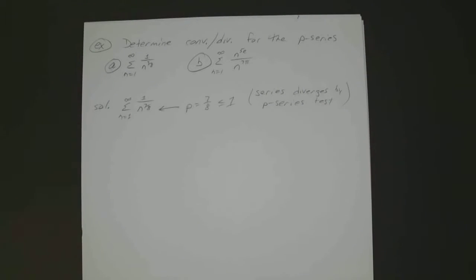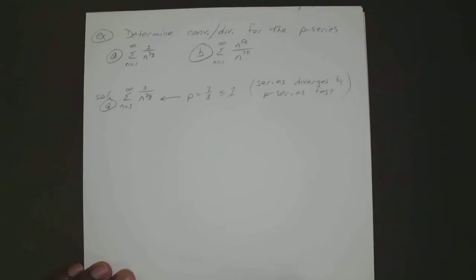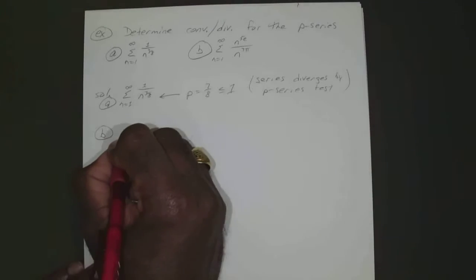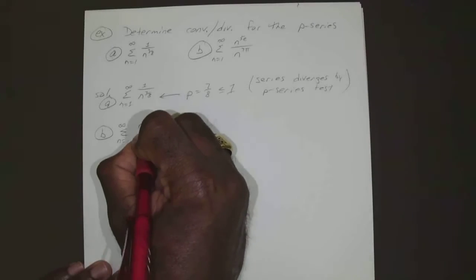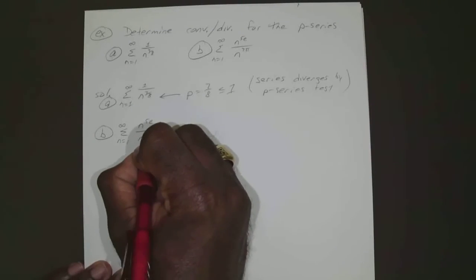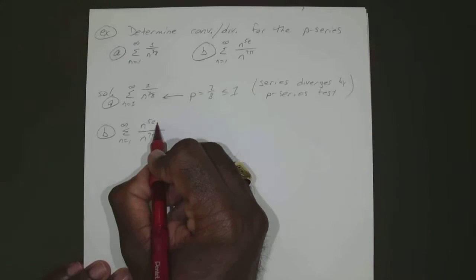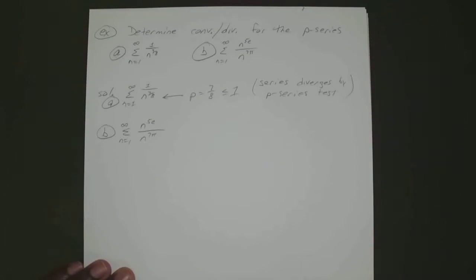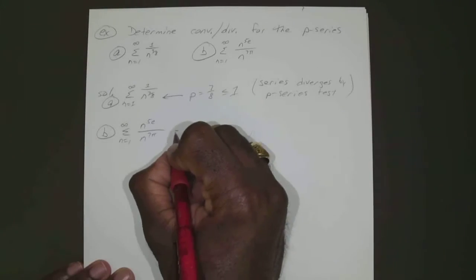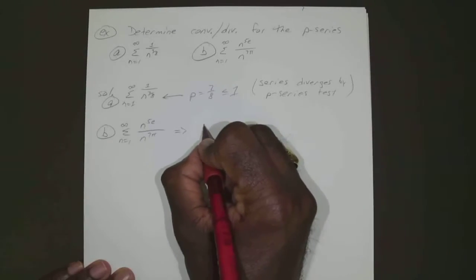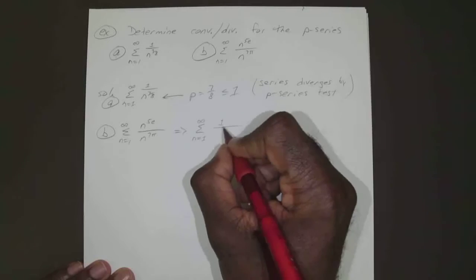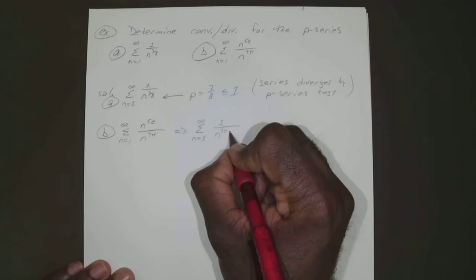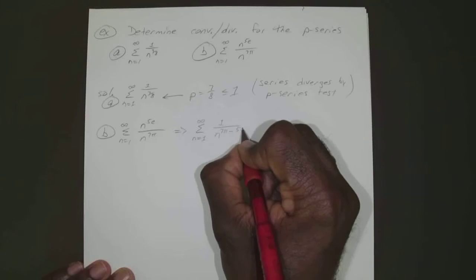Okay. Now for B, you do have to manipulate it a little bit. So if you have the sum from n equals 1 to infinity of n to the 5e power divided by n to the 7 pi, you can actually bring this numerator down and just make it negative. So you can just make that the sum from n equals 1 to infinity of 1 over n to the 7 pi minus 5e.